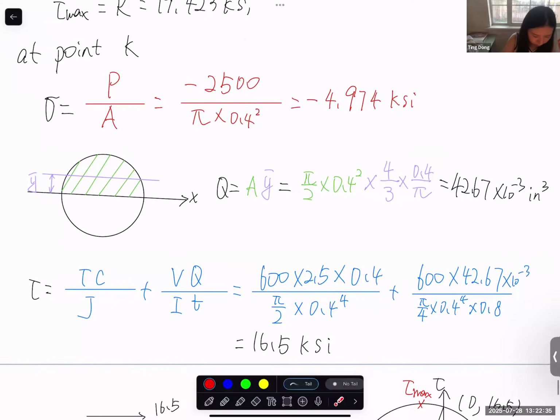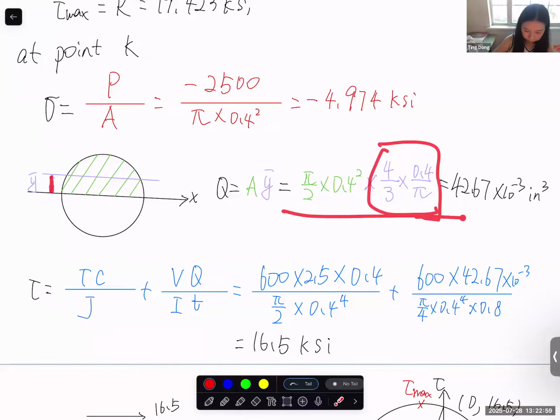So this should be the area we calculate the Q. It's half of the circle. You guys know how to calculate half of the circle, right? Circular cross section. For the Y bar, again, just Google it. Where is the location of the centroid of half circle? So that is the Y bar. So this is the Q.